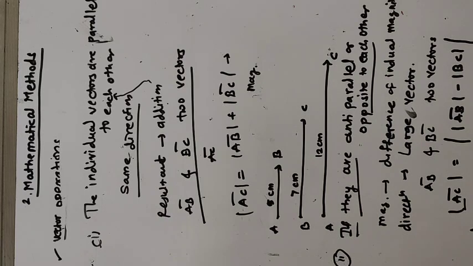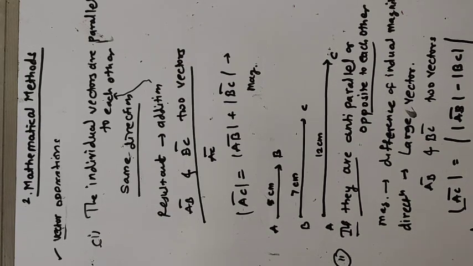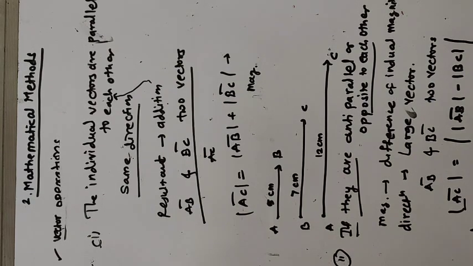Suppose this is vector AB having magnitude 13 Newton, and this is the second vector BC, having magnitude 5 Newton.